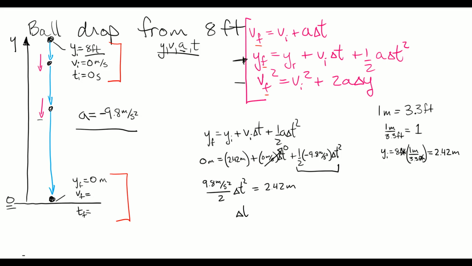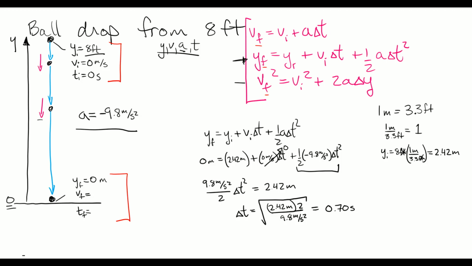And I can solve for that delta t. It's going to be equal to 2.42 meters times 2, all divided by 9.8 meters per second squared, all square rooted. And if I enter that into my calculator, I end up with 0.70 seconds.